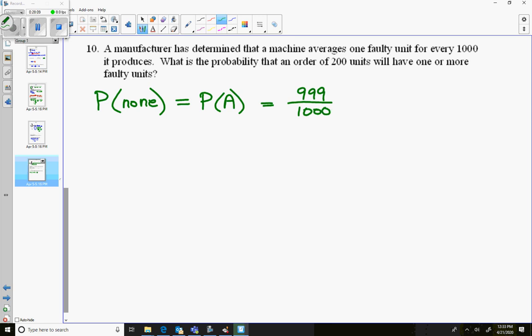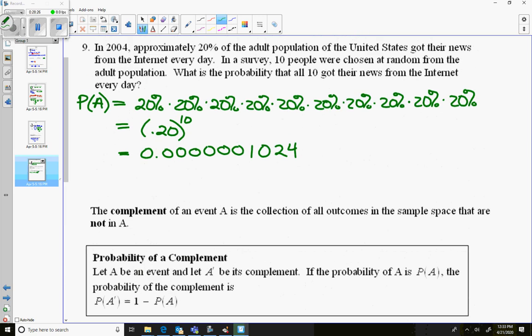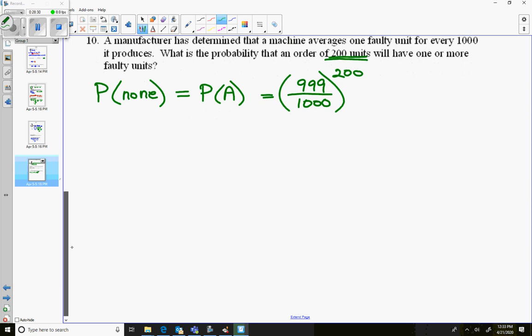Agreed? Now, what about the second unit? It's going to be the same thing. What about the third unit? Same thing. How many units are we looking at? 200. So we're going to raise this to the power of 200, which is the exact same thing we did up here with this problem on number 9. Same concept.